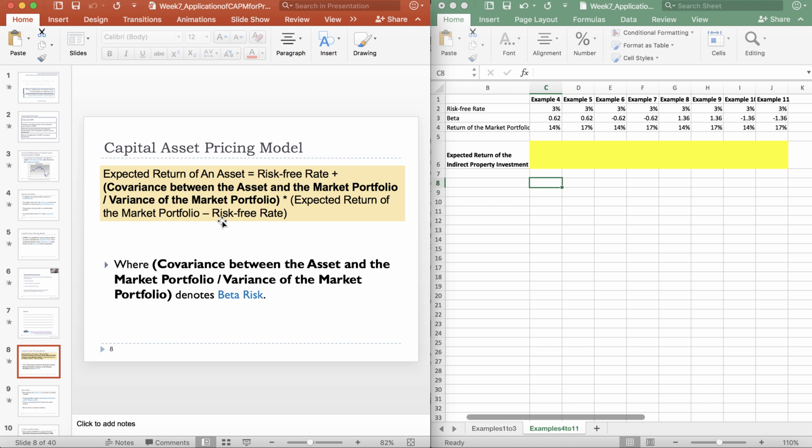And the capital asset pricing model can be thought of as a kind of ruler measuring the fair return of an investment based on the level of systematic risk it takes. This ruler has a common unit of measure, that's the expected return of the market portfolio minus the risk-free rate, because we know that the market portfolio is a theoretical portfolio applicable to all investments.